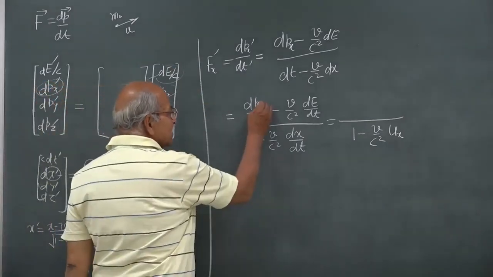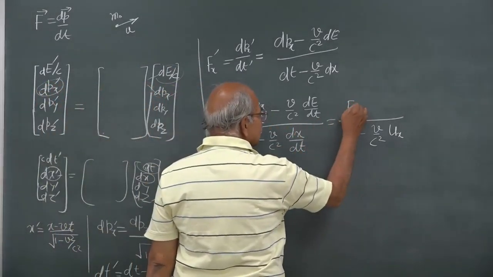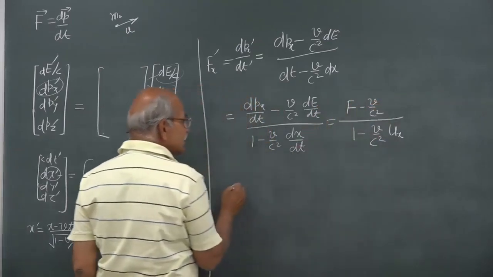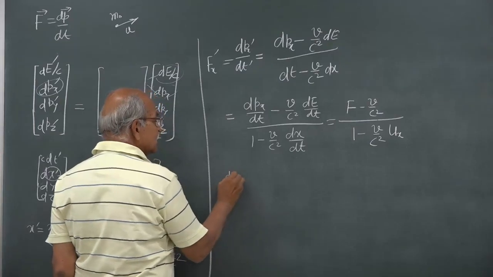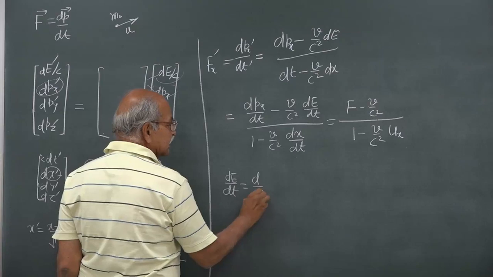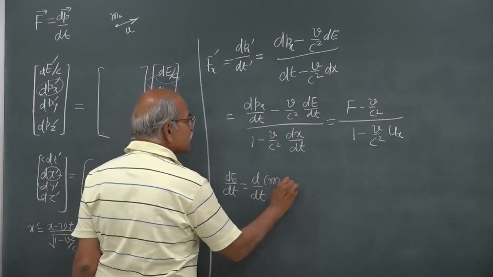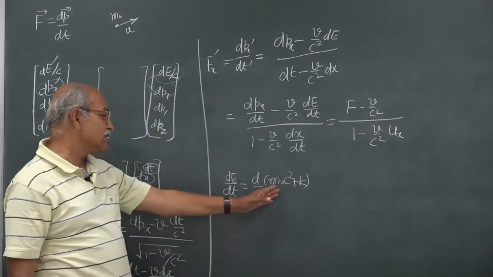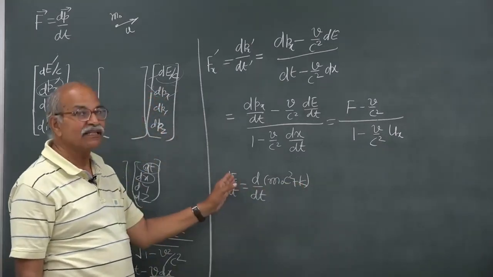And here dpx by dt will be f, minus v by c square times dE by dt. What is dE by dt? What is E? E is m naught c square plus K, rest mass energy plus kinetic energy is the total energy.